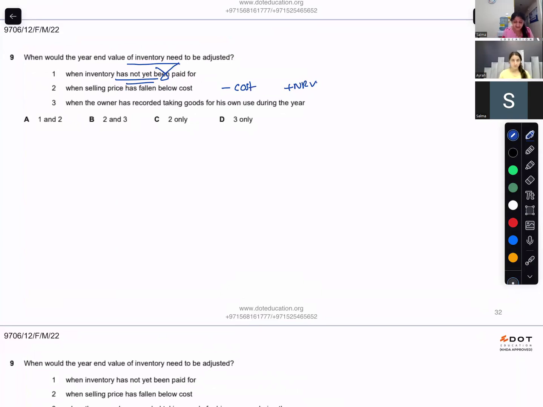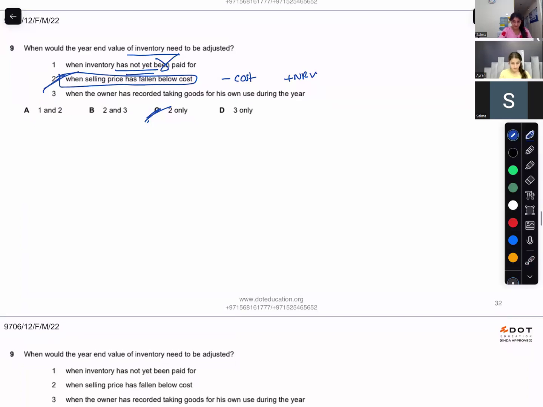Value has to be adjusted when he's not recorded it, or when the price fluctuates. So it would be C. Next one. Which value of inventory should be included in the financial statements at 31st December 2021?